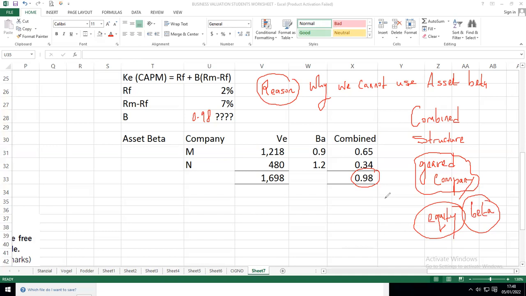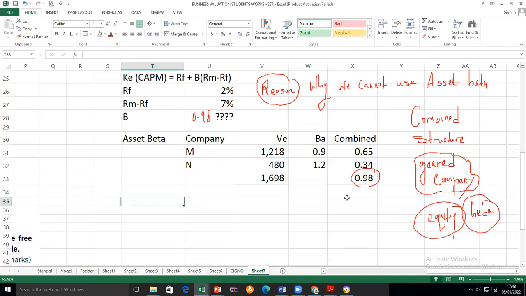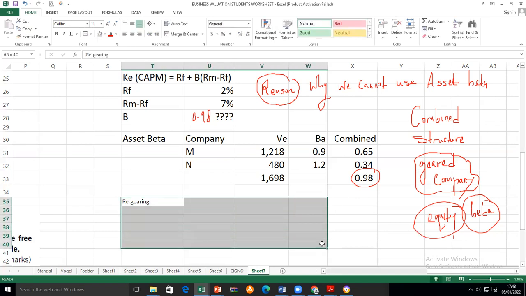Good. So let's regear now. How do we regear? Let's type in the formula for regearing. The asset beta BA is equal to VE over VE plus VD times 1 minus T, times the equity beta.